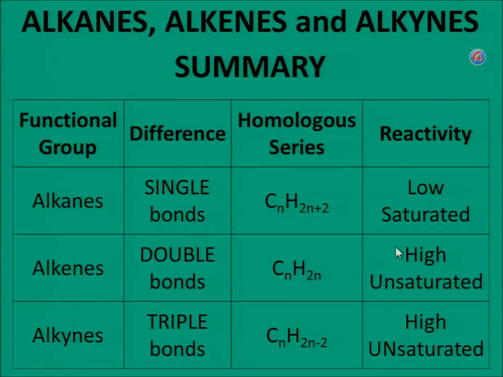They have high reactivity because of their unsaturation; there is a double bond. Alkynes have triple bonds with the general formula CnH2n-2. They have high reactivity because they are unsaturated because of the triple bond.